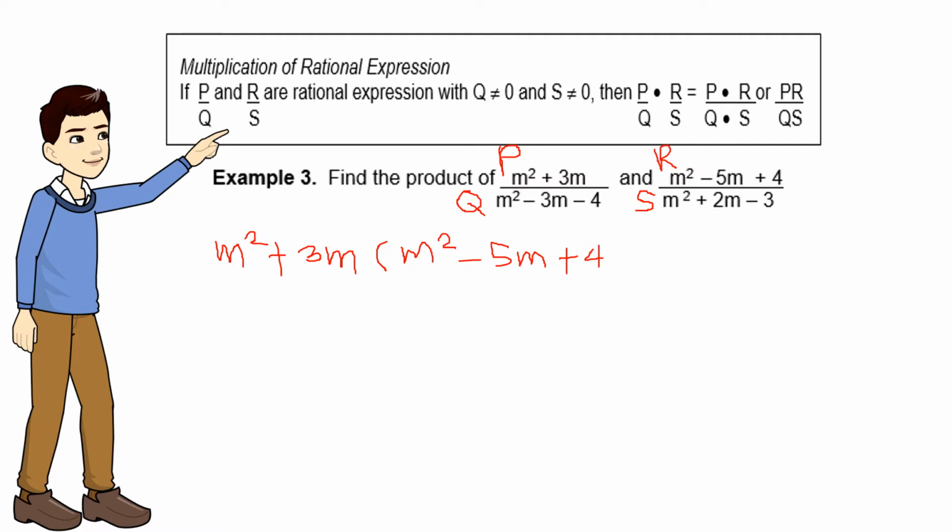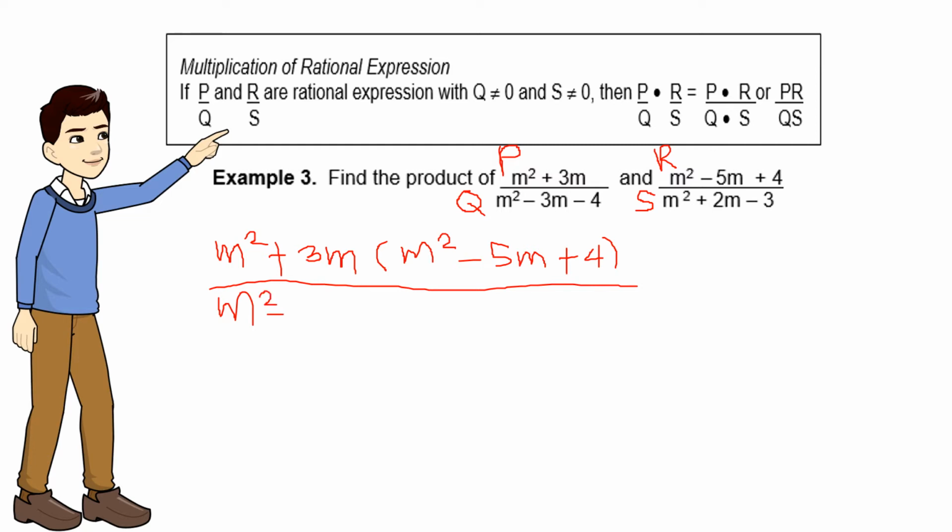Pero kung nag-undergo na kayo ng more practice, pwede na kayo mag-proceed with the shortcut. Hindi na kailangan sulatin pa ng pagkahaba-haba yung ating mga solusyon. So dito, pinapakita ko lang yung PR and QS.